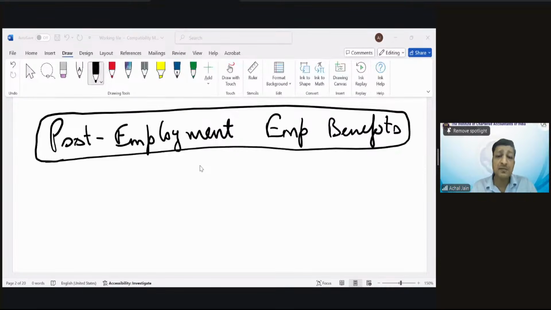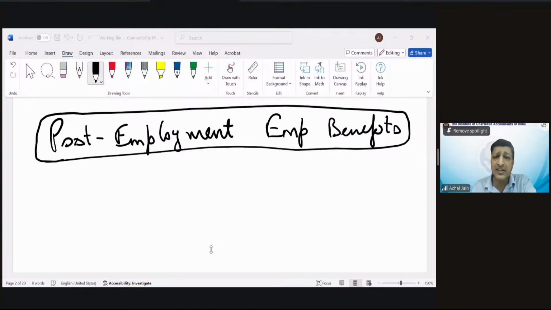Great. Navneet says pension. Yes, very good. Gratuity. Yes, very good. What about others? Any example? Harivan says EPF. See, EPF, I would say, can be partially withdrawn, so maybe that's why you're saying it.